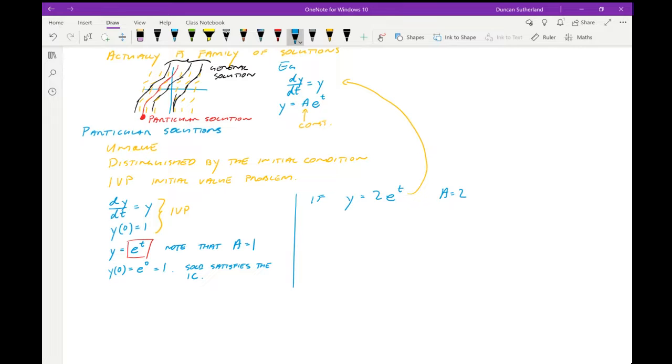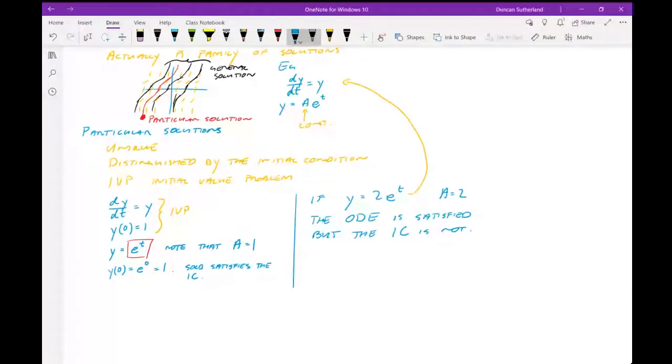But that will not satisfy the initial condition. So if you plug in t equals 0, you'll find that y is 2.